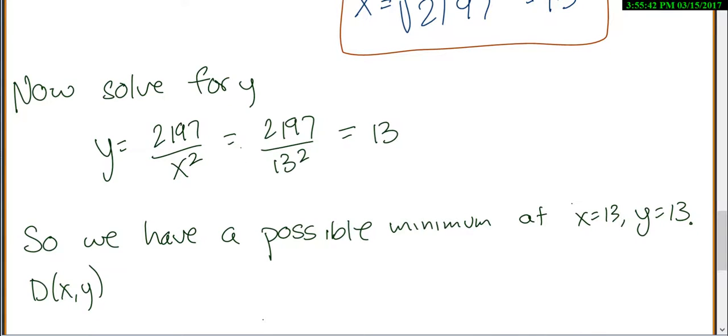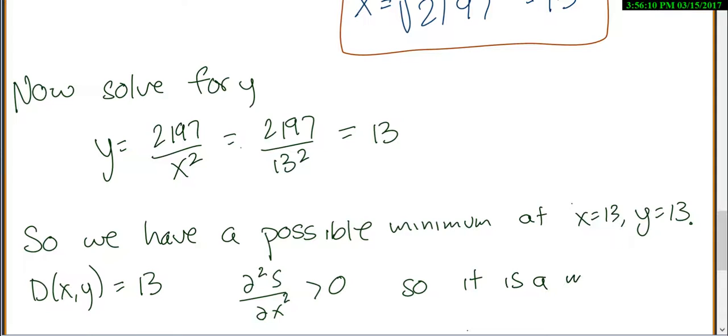If you look at your example, they'll go through the work for you and you can see that D is positive, and the second partial of S with respect to x is greater than 0, so it is a minimum. You can check that on your own time.